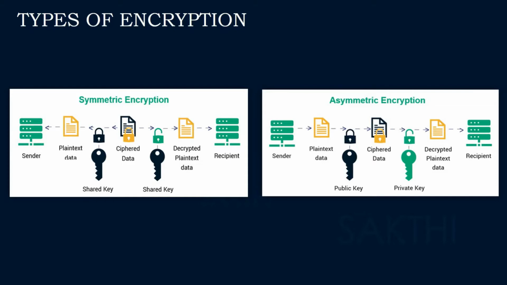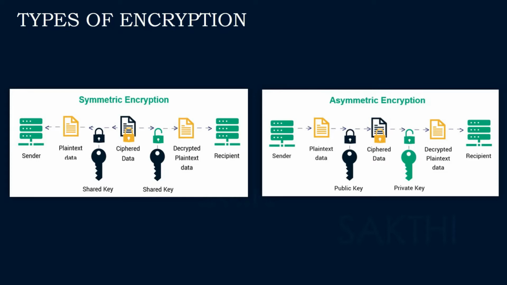Whereas asymmetric encryption is more secure because there are two keys involved: the public key and the private key. When a sender sends a message or a data to a recipient, he first encrypts the data with a public key, which is available in public. Say it is the recipient's public key.